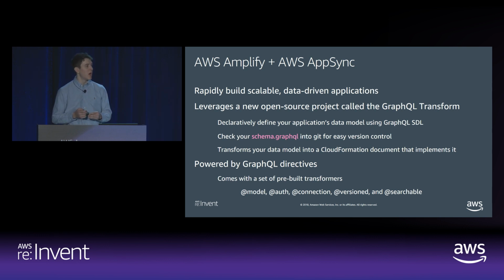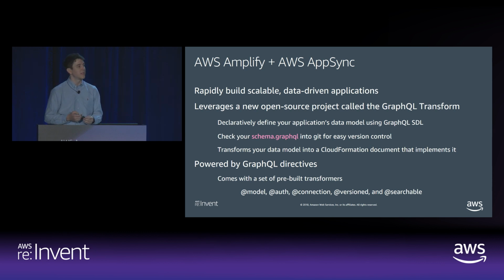It comes with a number of pre-built transformers. A transformer is essentially a class that defines a directive. And then every time that directive is found in an input document, that class is called and invoked in order to do some amount of manipulation on essentially your CloudFormation template context, and then you iteratively build things from there.